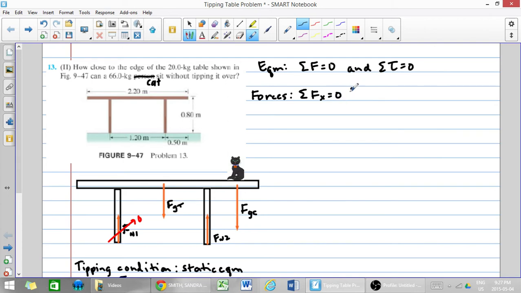Well, I think that's not going to be very helpful to us in this case. Normally it will be. Our y forces also have to add up to 0, and we do have y forces upwards. We've got the normal force in the second leg, downwards the two gravitational forces.